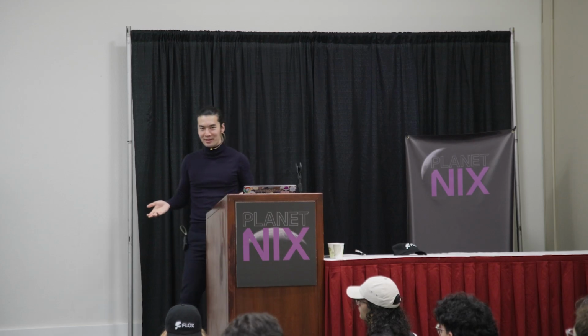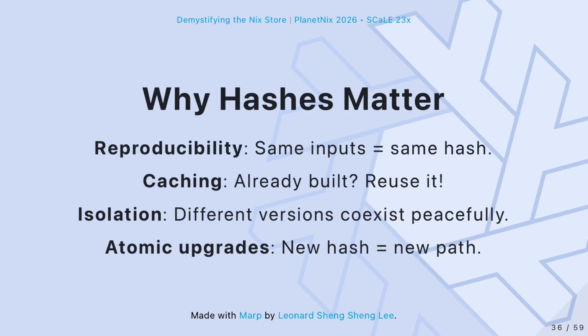And why hashes matter, as you can see: it gives us reproducibility. It ensures that whatever inputs you give would produce the same output. And when you know that the same input creates the same output, you can actually enable caching.